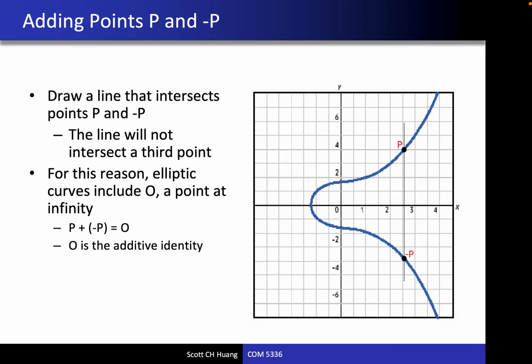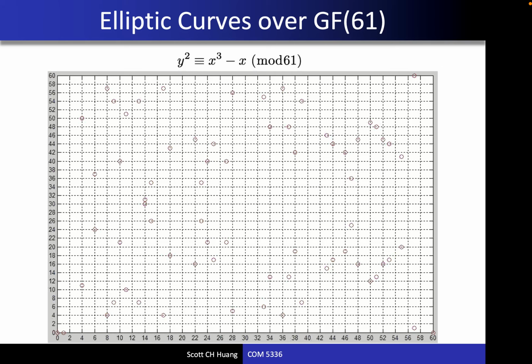But the thing is, you really can't draw a curve. Your curve looks like this: they're just individual points. Let's take a look at this so-called curve. We have y squared, so let's use this to represent y. And then the field: we consider a curve over GF(61), which is a prime field, because 61 is a prime number.